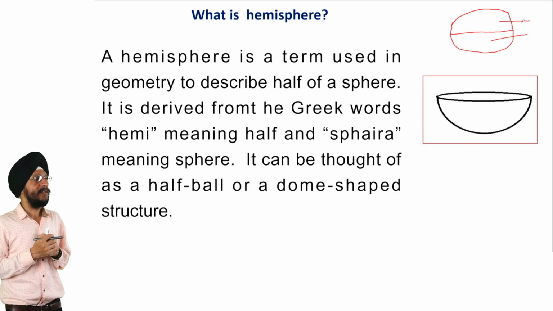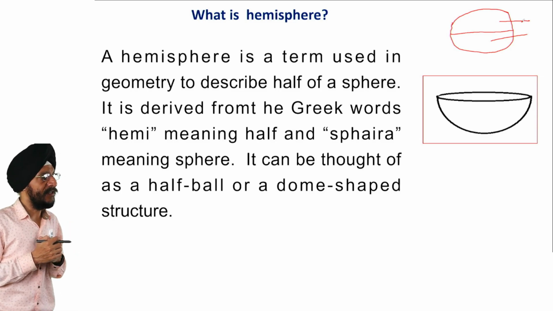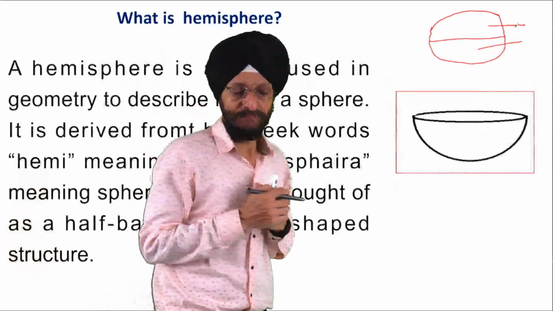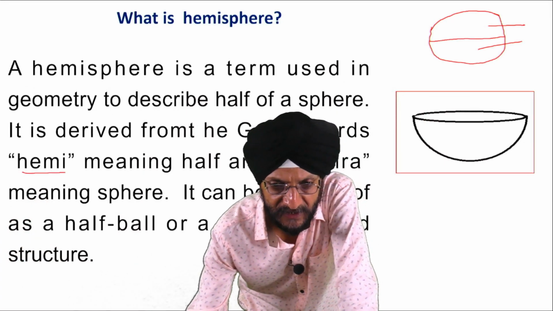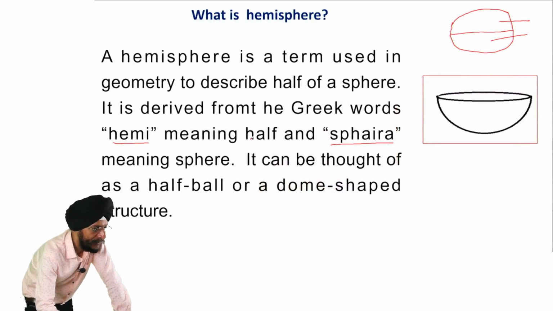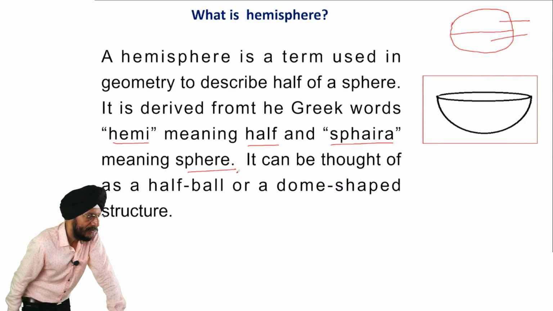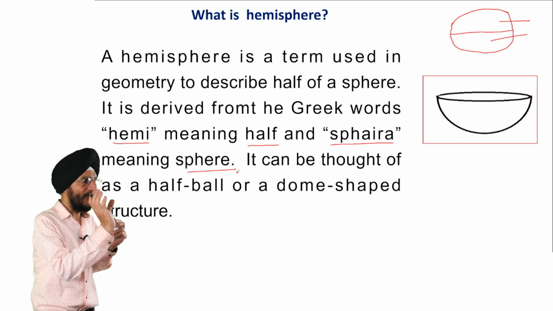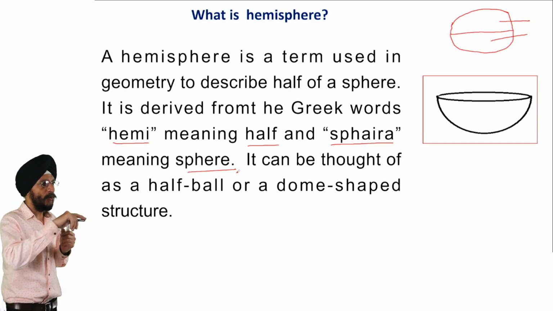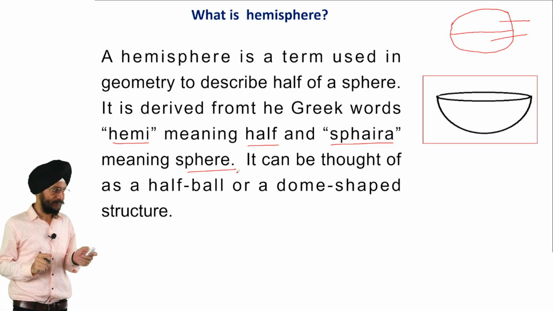The word hemisphere is derived from the Greek words hemi and sphaira. Hemi means half and sphaira means sphere. A hemisphere can be thought of as a half ball or a dome shaped structure.